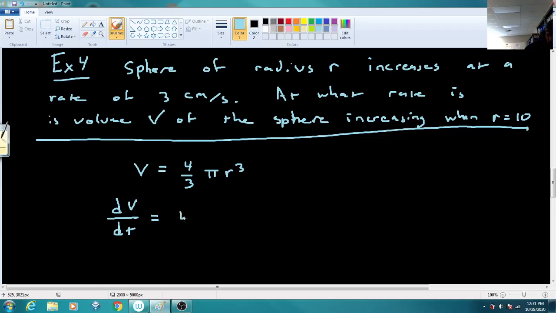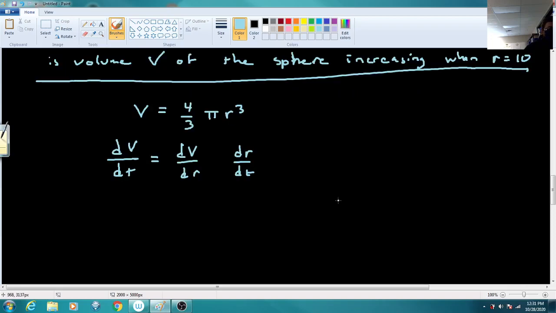So what we're basically going to do is the change in the volume with respect to r, and then we need to know the change of the radius with respect to t. So this has us take d/dr of our volume equation, and then multiply that by dr/dt.